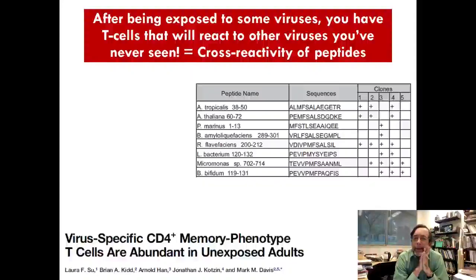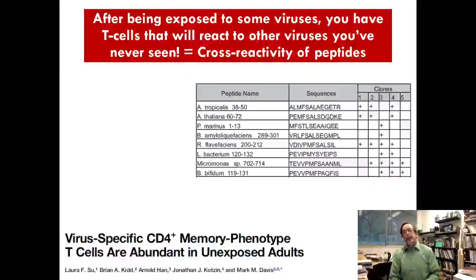In fact, somebody who's never been exposed to a virus still has a chance of having a T cell that will react with that virus. That means that something else is cross-reacting with the new virus. Something old has been activated in the past, and it's being activated in the present against a new thing, just because it happens to share part of that sequence. The molecules are mimicking.